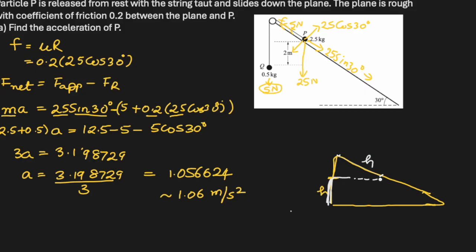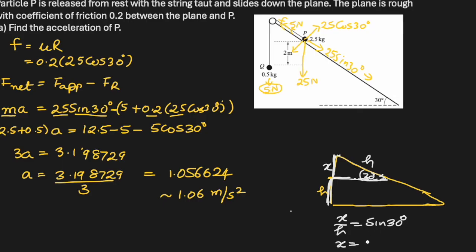But in actual height for potential energy, how much has it decreased? Let's look at only this triangle. This is 30 degrees. Let's call it x. So x over h is equal to sine 30. Sine 30 is half.